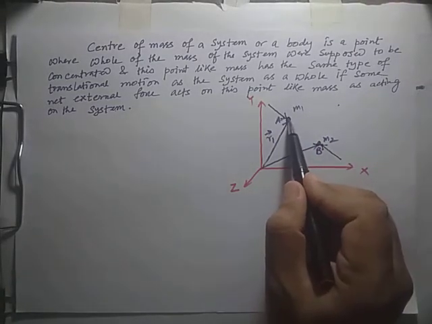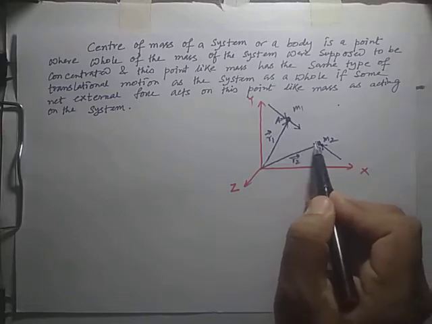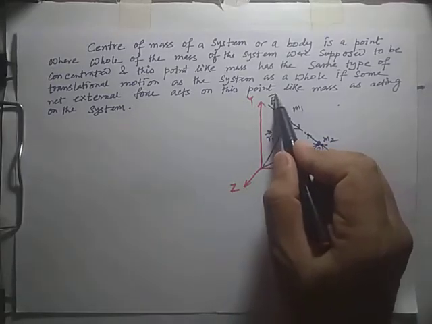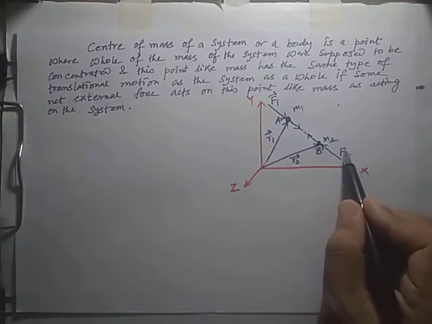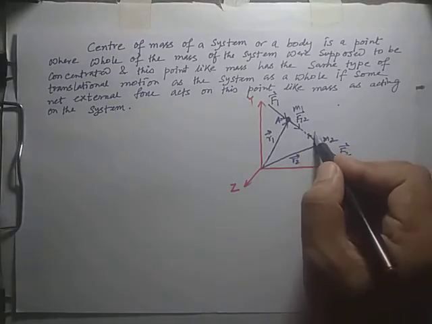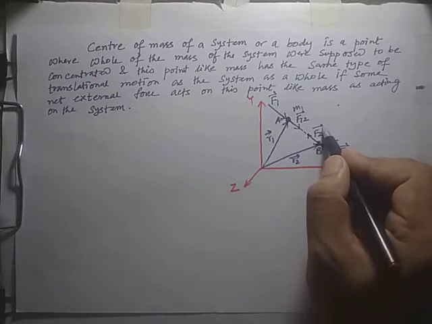Force is applied on object A in this direction, and another force in this way, along the same line. This one we name F1, this one F2, and these are F12 and F21.